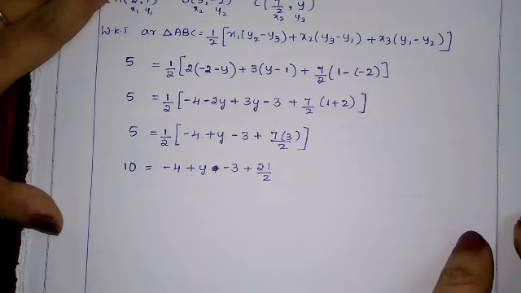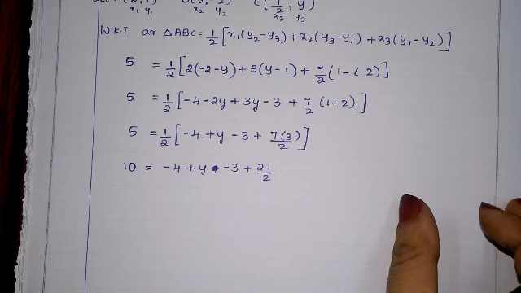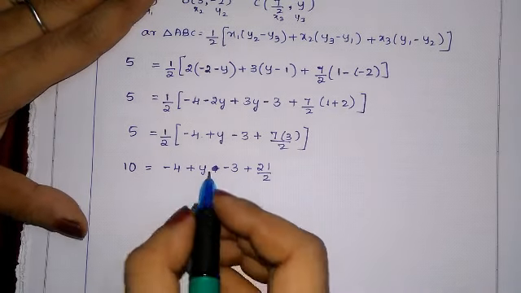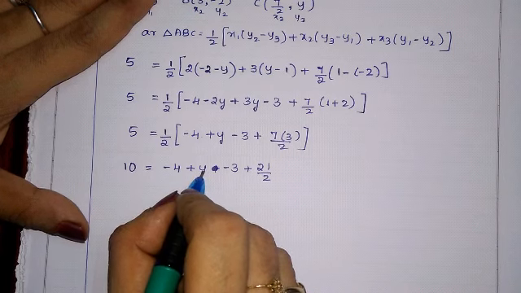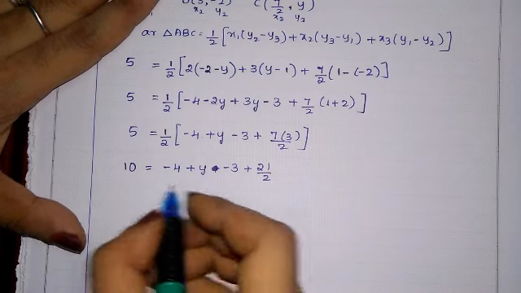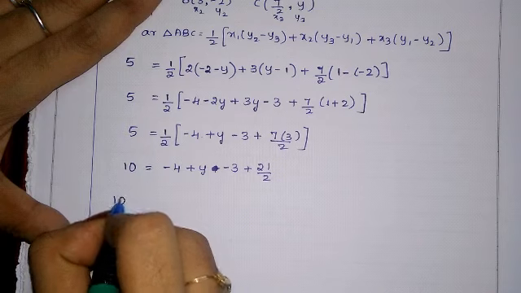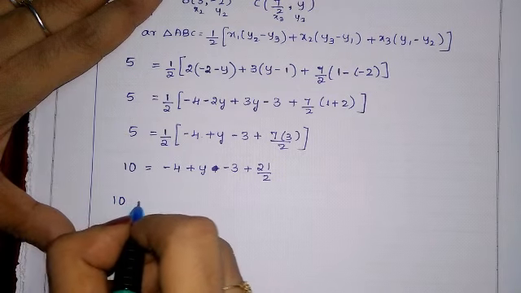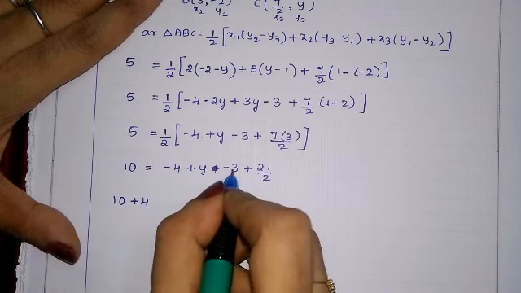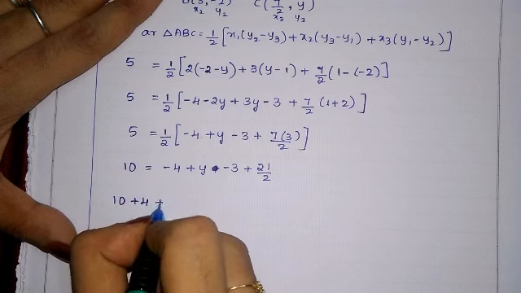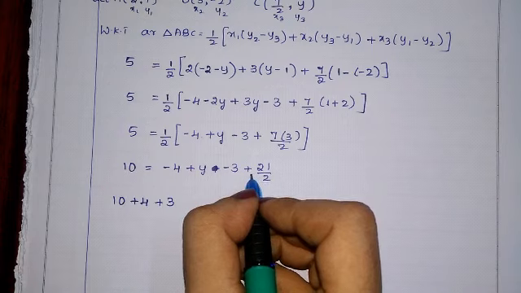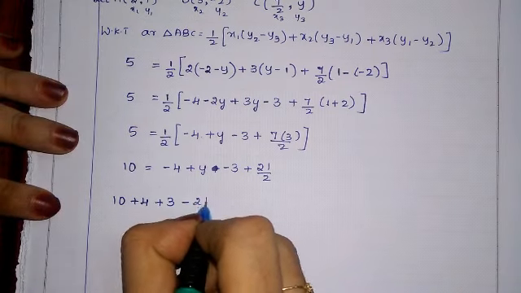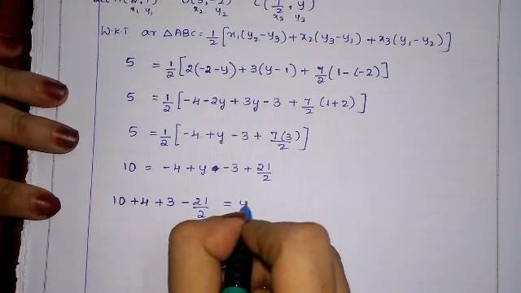Now we have to solve it properly. They have told us to find the value of y, so we'll take all the numbers to one side and keep y on one side. 10 as it is, minus 4 becomes plus 4, minus 3 becomes plus 3, plus 21 by 2 becomes minus 21 by 2, is equal to y.